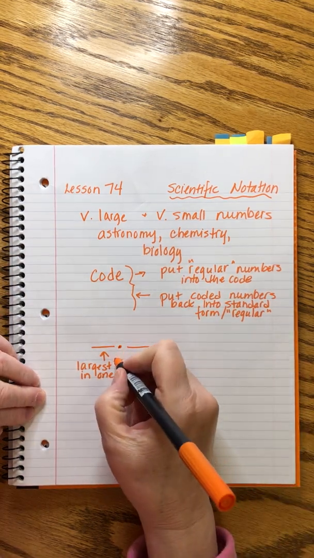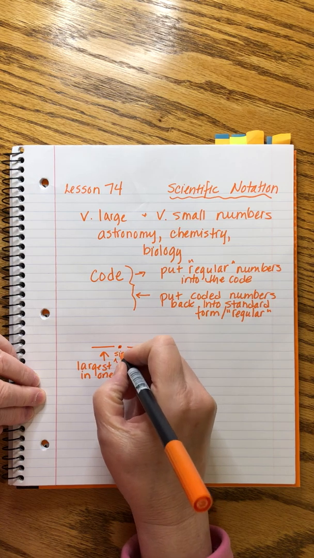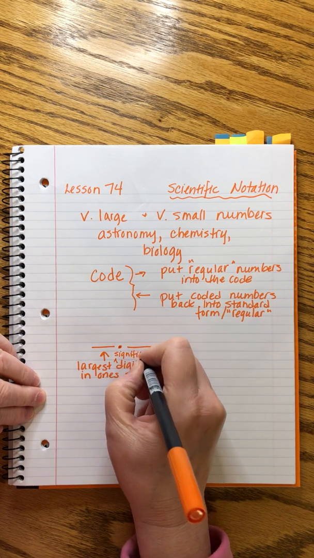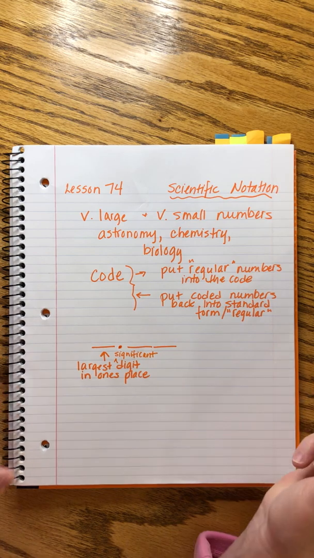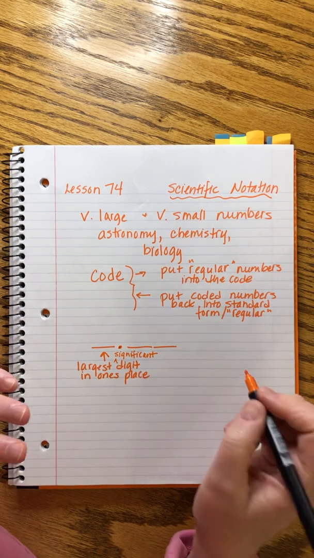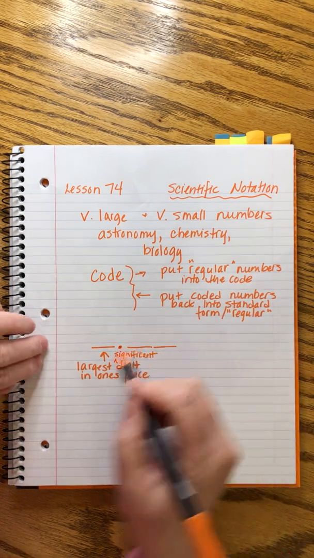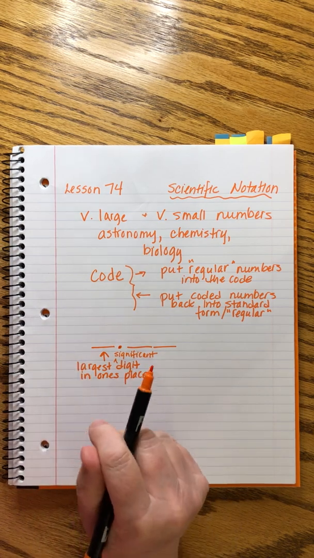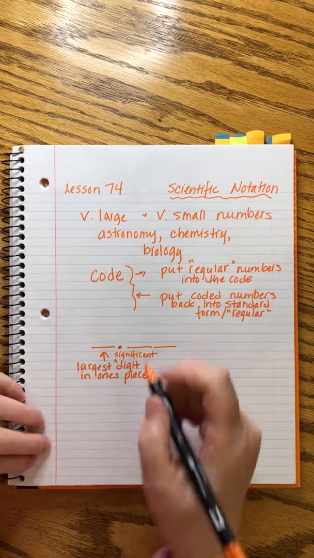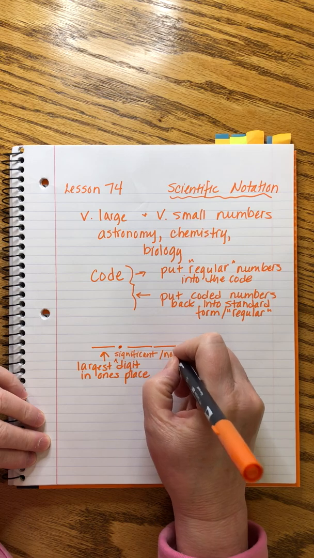And sometimes we add the word the largest significant digit, because sometimes there are zeros that would go over here, but we just ignore them. By significant, I mean non-zero.